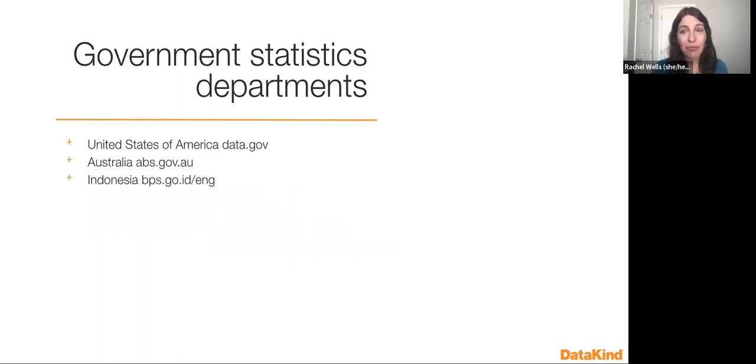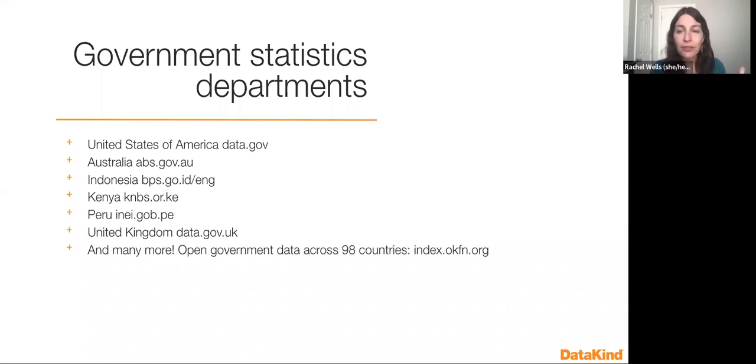Additionally, most governments have publicly available data on their statistics department website. A few of them are listed here, but all of which are pretty easy to find. Try just typing open data and whatever country name you have into Google search. If that doesn't work, you simply need to know what your country calls their statistics department or Ministry of Statistics, or central banks or other departments can also be good sources for data on the topics that they cover.